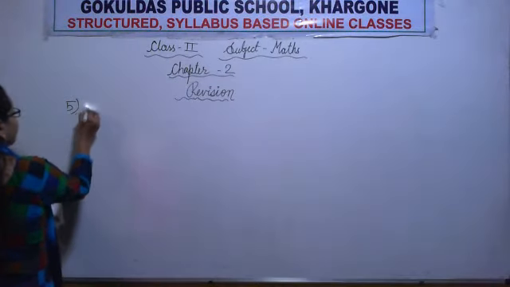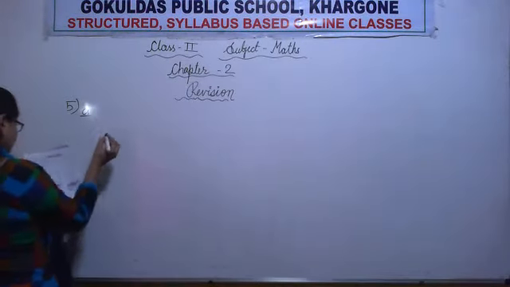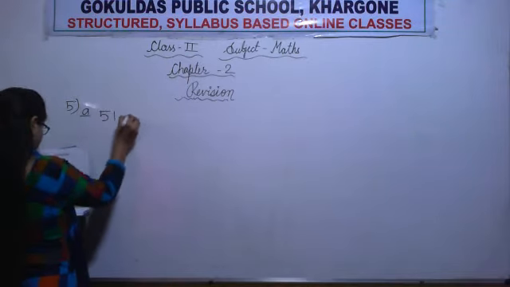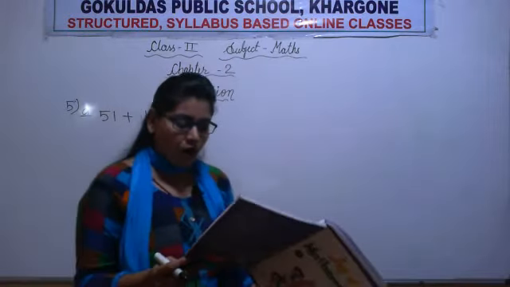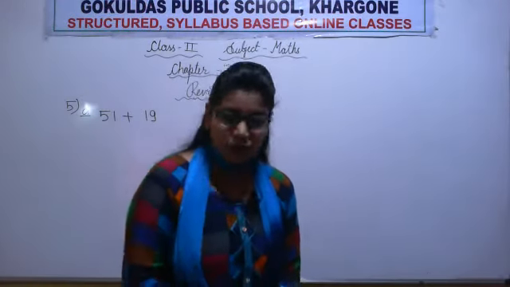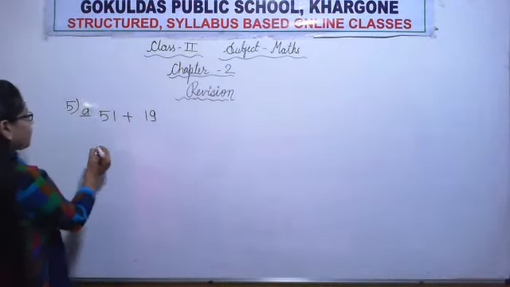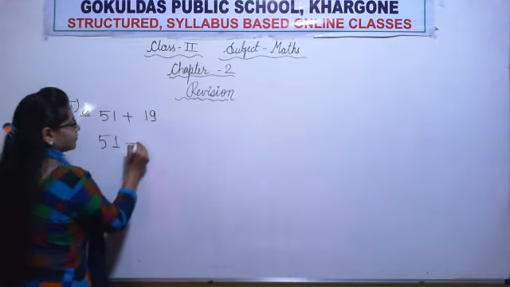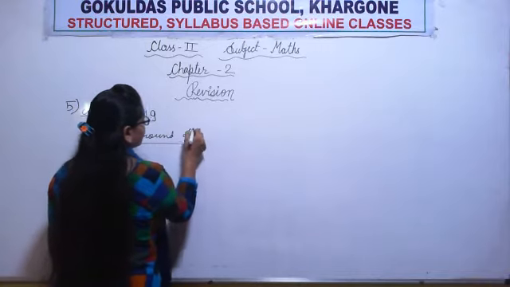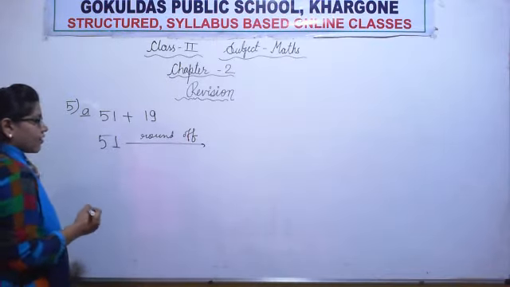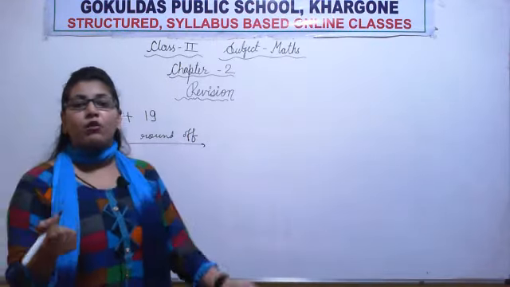Question number 5, part A. 51 plus 19. So we have to find the estimated sum. First of all, we will round off 51. See, we have learned one more concept of rounding off.